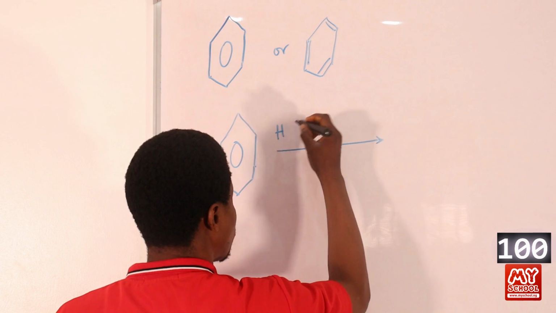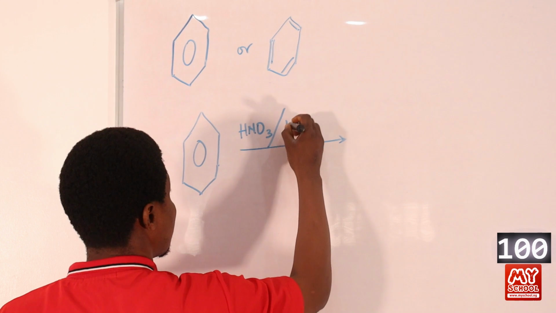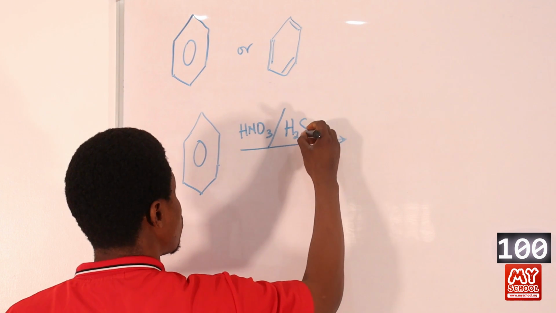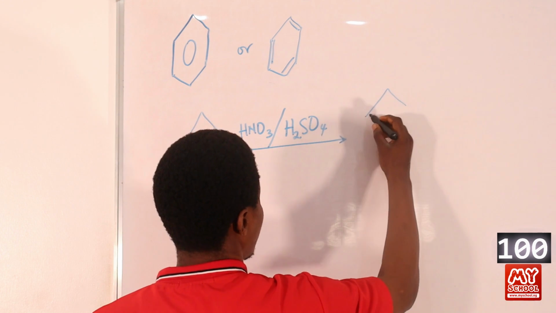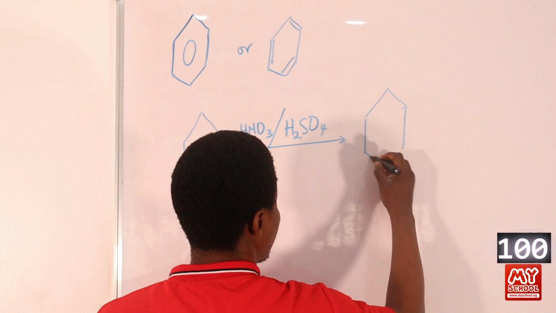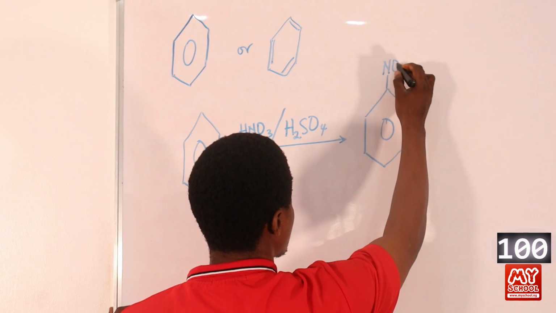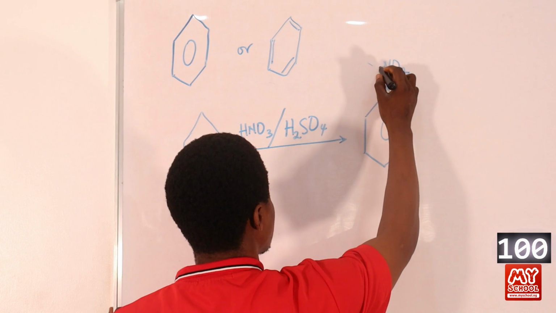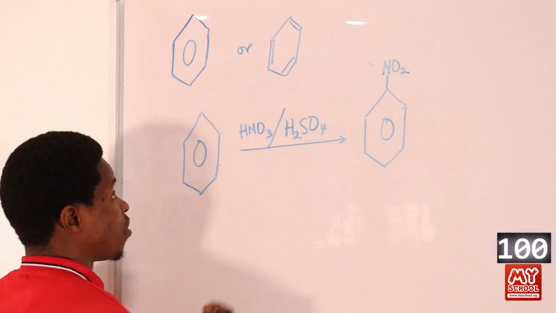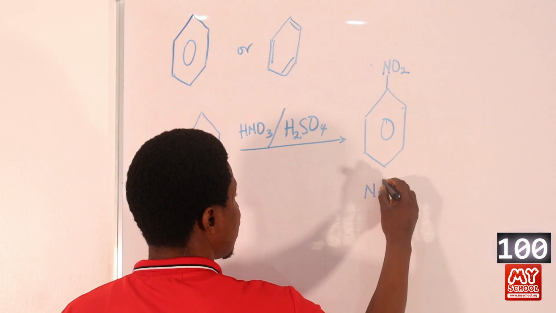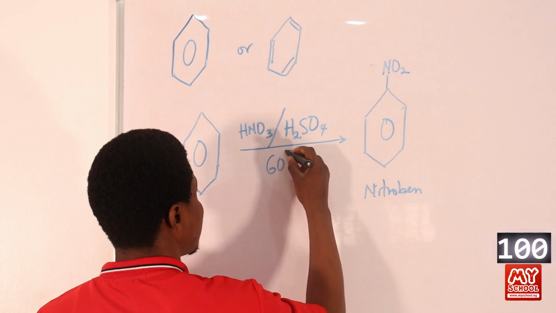We have the mixture, not just one of them, HNO3 and concentrated H2SO4, that's the sulfuric acid, then you are going to have what we call a nitrobenzene eventually. We have your NO2 at this point. If you like, you can have it this way, double bond oxygen, as the case may be. So this is your nitrobenzene, and the temperature is at 60 degrees Celsius.